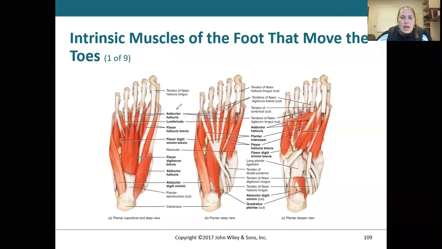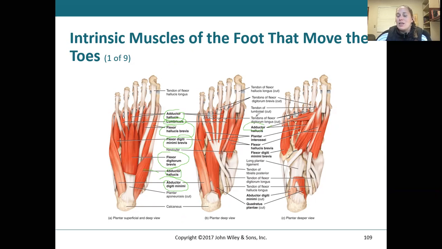So your adductor hallucis, you can see here, your lumbricals, very similar to what we saw in the hand. Flexor hallucis brevis, flexor digitorum brevis, abductor hallucis, you can see down here, abductor digiti minimi.